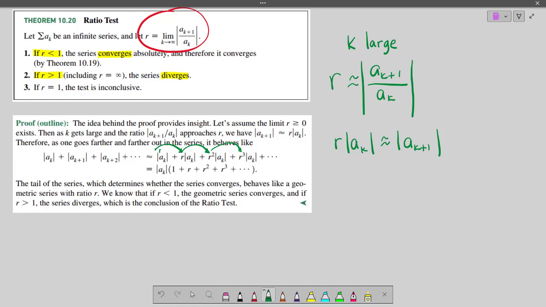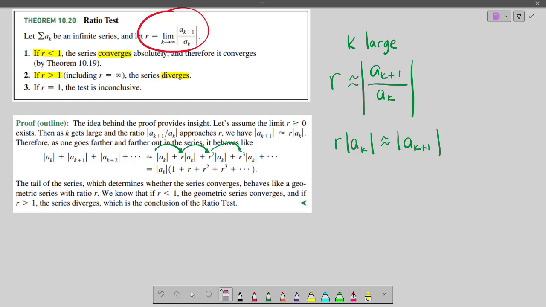So we're doing constant multiplication by R. The next term is about R times the prior term. So it becomes this geometric series-like thing, and we know that geometric series converge if the magnitude of R is less than 1.